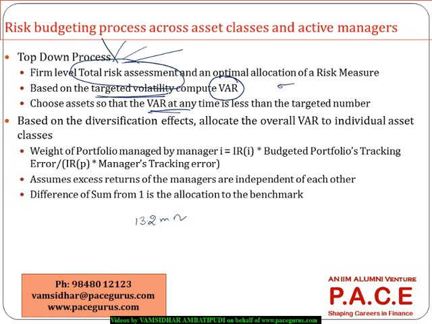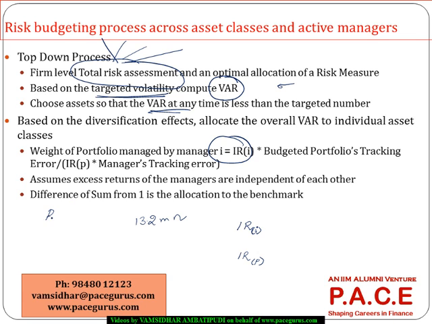If I have to decide the weightages to each of the portfolio managers, all I am looking at is the budgeted portfolios. So here I am taking two things: information ratios of each of the managers, and as well as the information ratio of the overall portfolio. What is this information ratio?